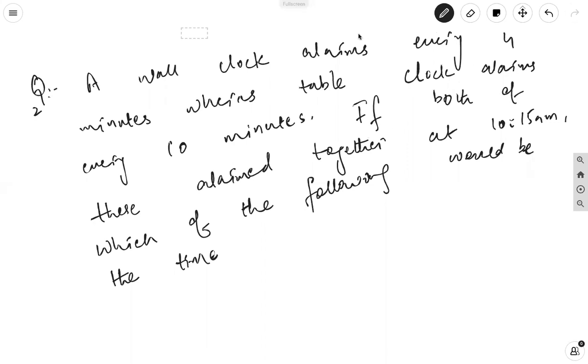Look, we are writing the question: a wall clock alarms every 4 minutes, while the table clock alarms every 10 minutes. If both of these alarm together at 10:15 a.m. in the morning, which of the following would be the time when both of these clocks will alarm together again? 10:40, 10:55, 10:35.